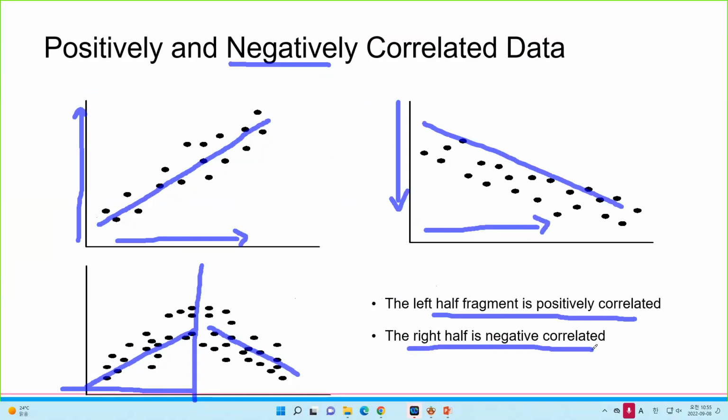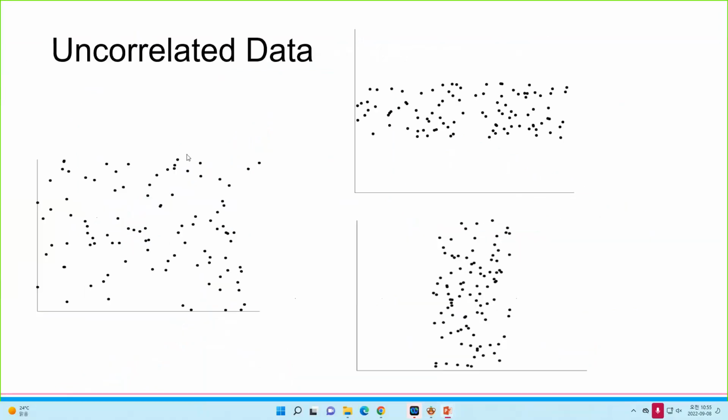Maybe you will see this kind of graph with a product. Products have a life cycle. Maybe now it is getting popular, so it is increasing. But until a certain point, the product selling will be at the top, and then it goes down. So yeah, it can be represented with this kind of data. If the data are uncorrelated, then there is no pattern.